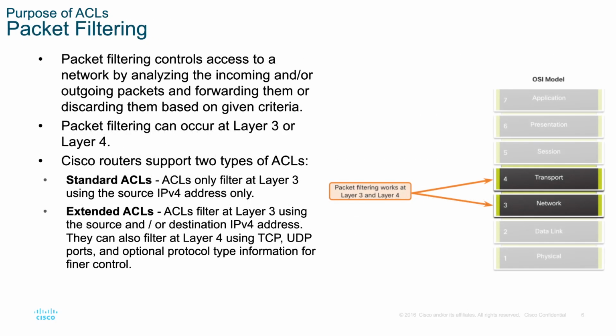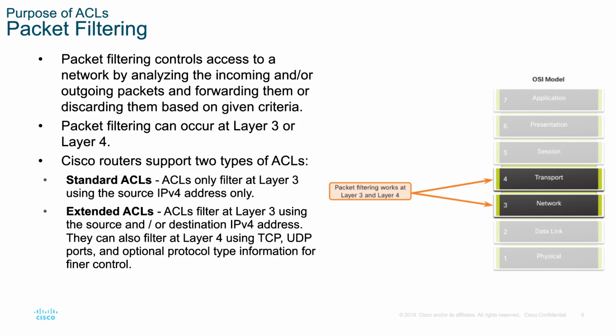So packet filtering generally works at layer 3 and layer 4, depending on which of the options you use. So in a standard ACL, we only filter on IP addresses. Okay, so that's only going to work at layer 3. With the extended ACLs, we expand that to include the ports for TCP, UDP, and different protocol types can also be used within the filtering process.